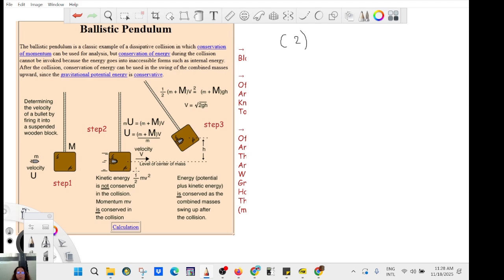I have the total energy before, which is kinetic energy, with the mass of the block plus the mass of the bullet. So 0.5 mv squared equals the total mass times the potential energy, so kinetic energy equals potential energy. Do you agree?